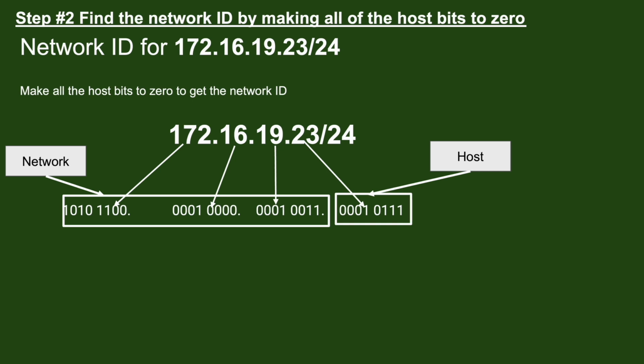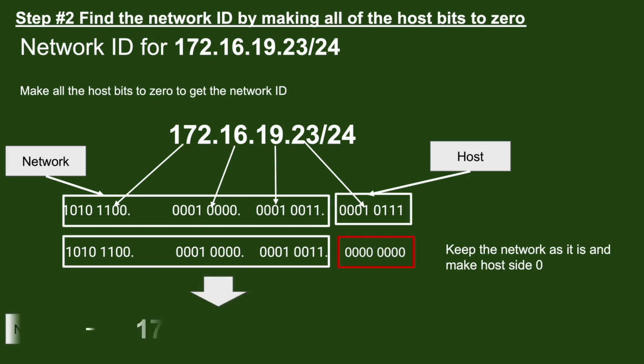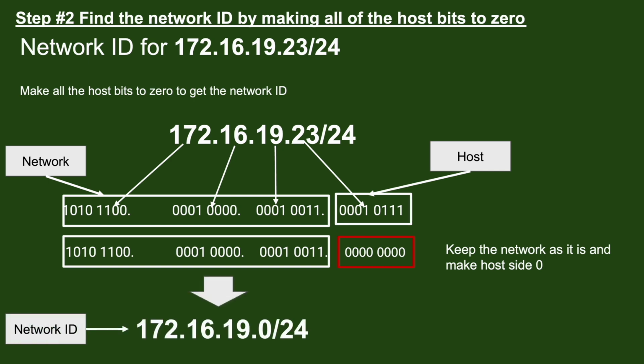And as we already know the host side, all we need to do is convert that host side into 0 and keep the network side unchanged, which will convert it into something like this: 172.16.19.0/24. And that is the network ID for this particular IP address.